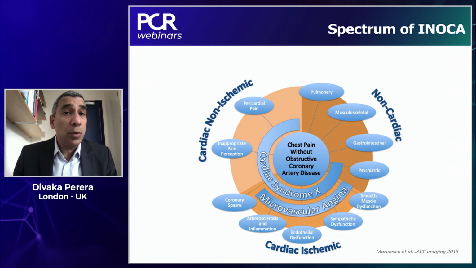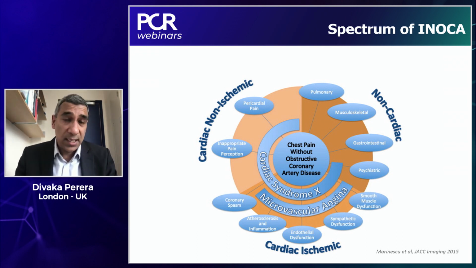There was a time when we used to call this Syndrome X, and that really reflects how little we understood about the conditions that caused patients to have chest pain, but were then found to have non-obstructive coronary arteries on angiography. But over time, we've begun to understand that even cardiac syndrome X comprises a range of conditions, and within that are those conditions shown at the bottom of your slide, which are due to cardiac ischemia.